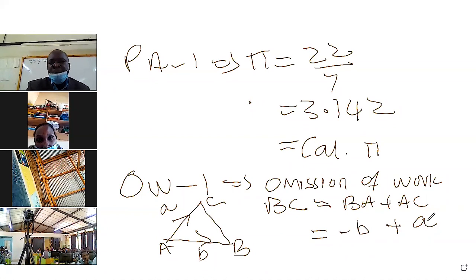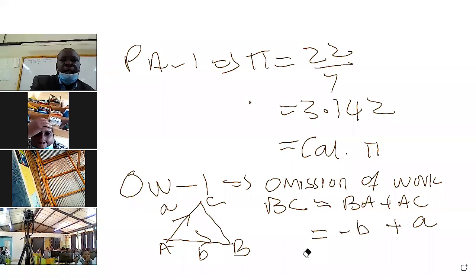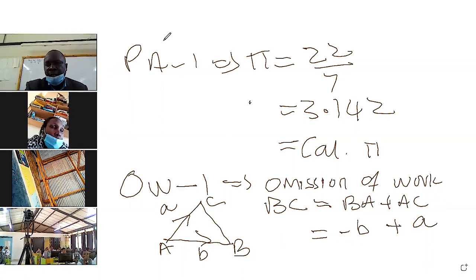Even these ones up there are not there. When there is no factor sign anywhere in a question whereby you are dealing with factors, then you are deducted 1 mark. OW minus 1. You lose a mark for lack of factor method. So when you are working out, make sure that you have the factor sign indicated.